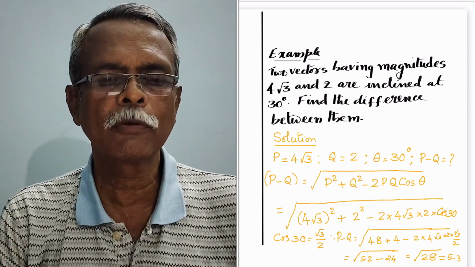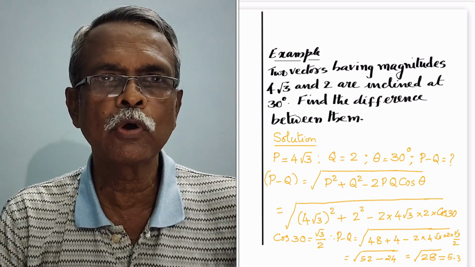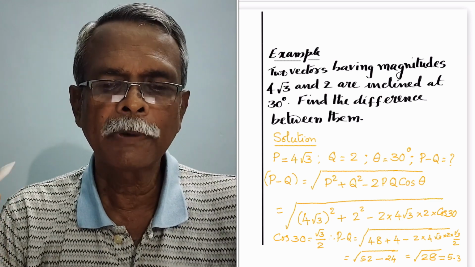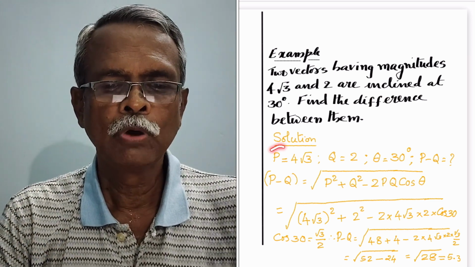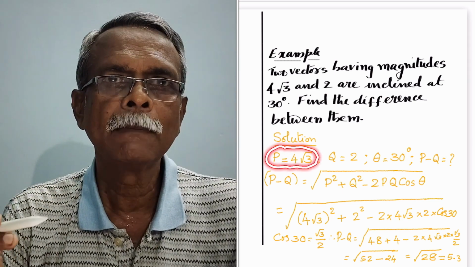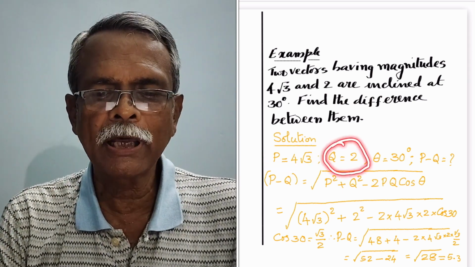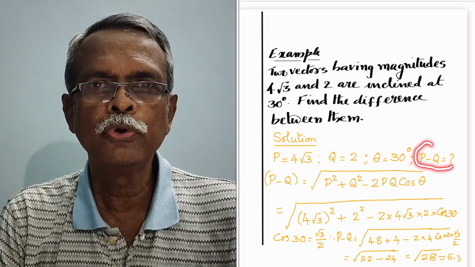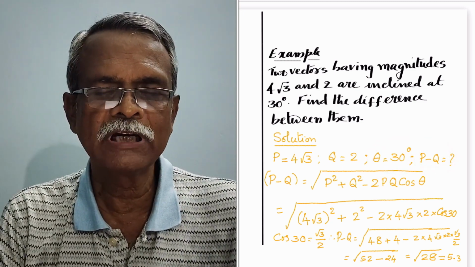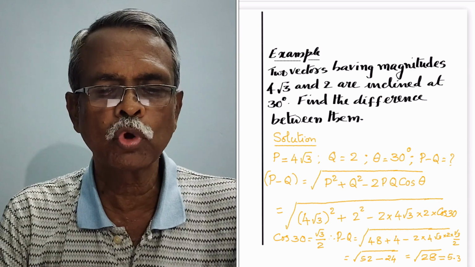According to our formula, P minus Q is equal to the root of P square plus Q square minus 2PQ cos theta. That is, 4 root 3 whole square plus 2 square minus 2 into 4 root 3 into 2 multiplied by cos 30. Cos 30 is root 3 by 2.